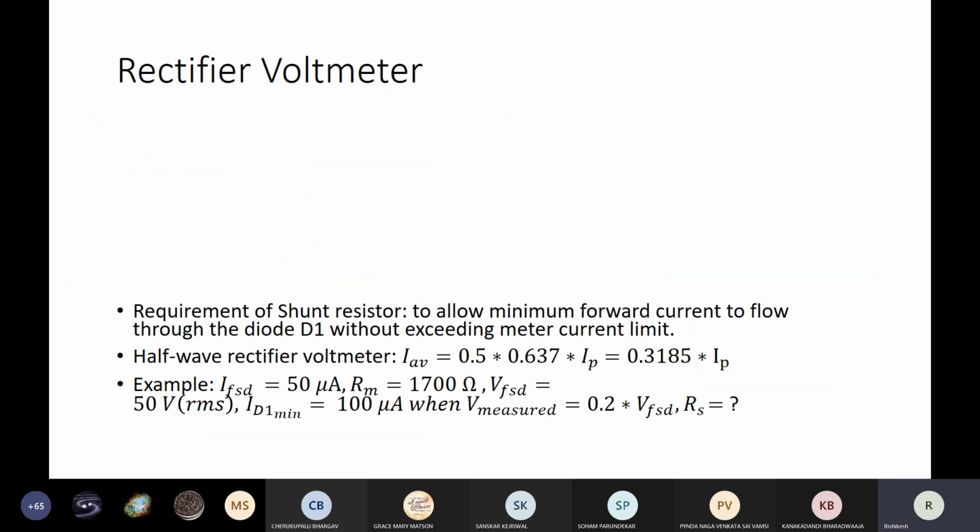Now, there is a limitation of this. It will be incorrect in the case when diodes are not biased properly. What do we mean by that?